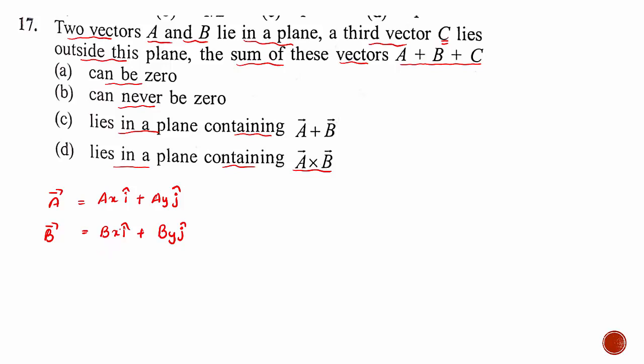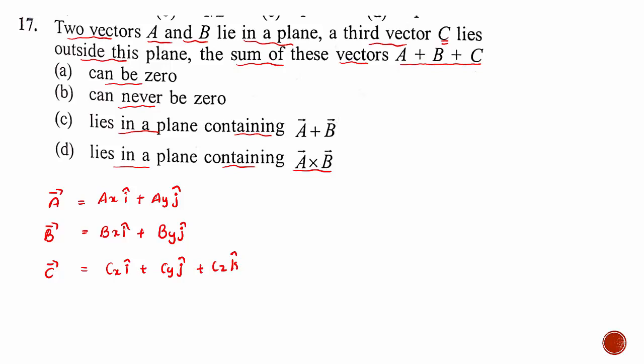We can represent these two vectors in two dimensions. But here vector C is outside the plane. So how to represent vector C? I can write Cx i cap, Cy j cap, Cz k cap.